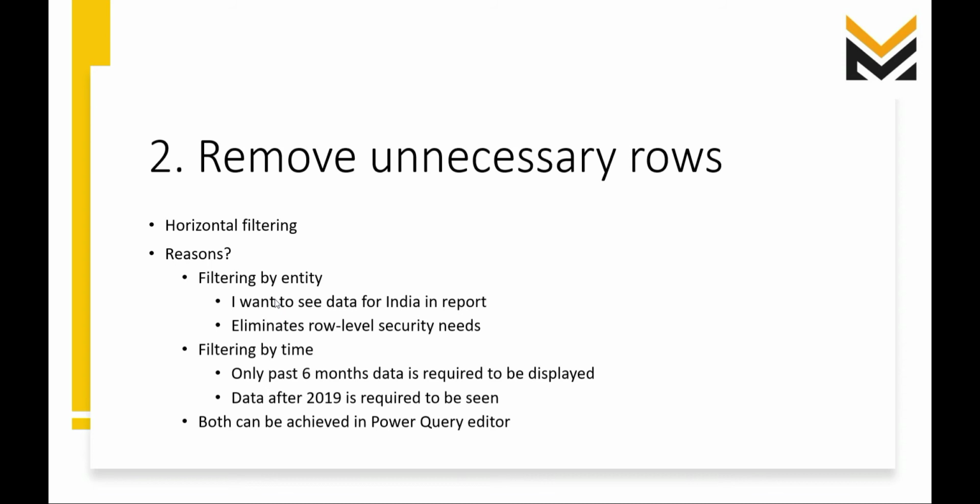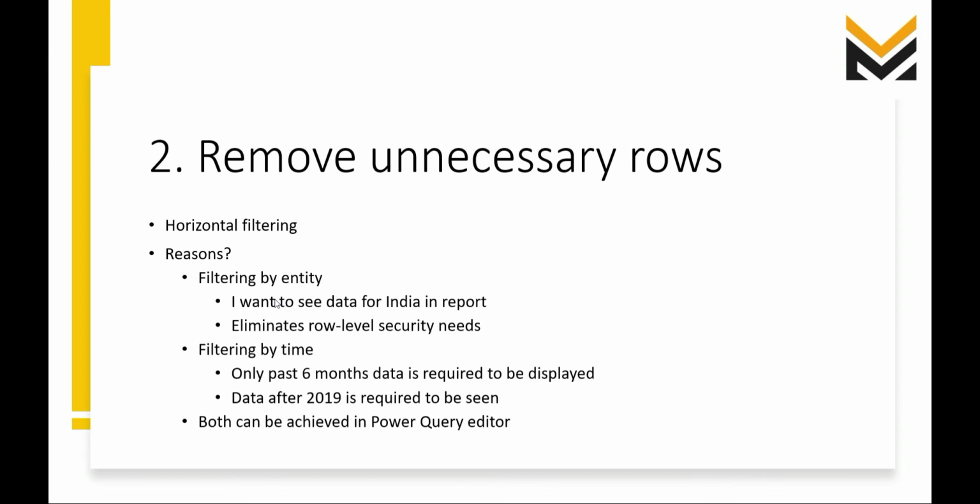You want one person to just see the data of UK, or you want your users to only see the data of UK. Then in that particular case, you will have to apply row level security in Power BI. But if you are going to filter by entity only, then this particular requirement of adding row level security gets eliminated.